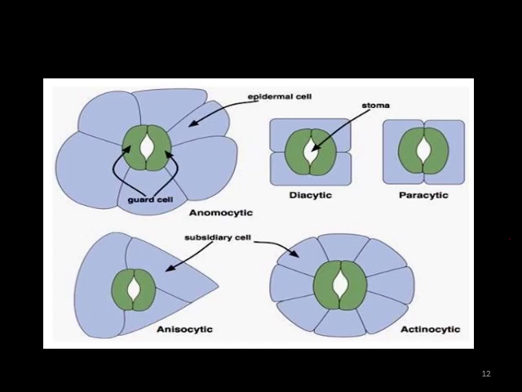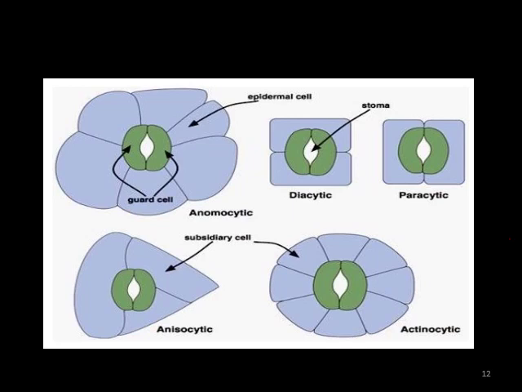In this slide, you can see the different types of stomatal structures, which are characterized by the presence of subsidiary cells. They are classified on the basis of subsidiary cells.